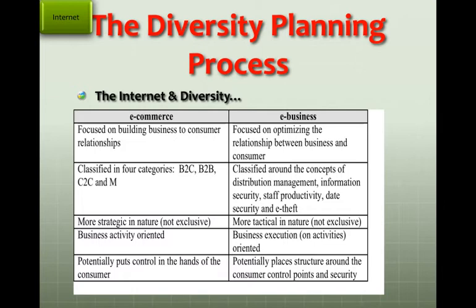E-commerce business activity oriented, and then e-business more business execution oriented. And then finally, e-commerce is really kind of putting the controls in the hands of the consumer, while e-business puts that structure around security and control points for the consumer. So that's a different way to look at this, especially from a diversity standpoint.